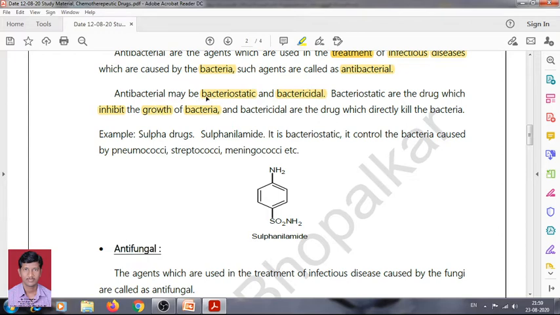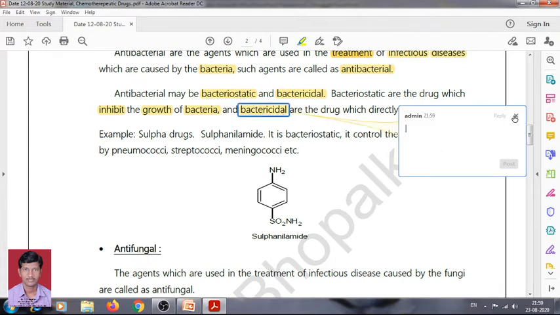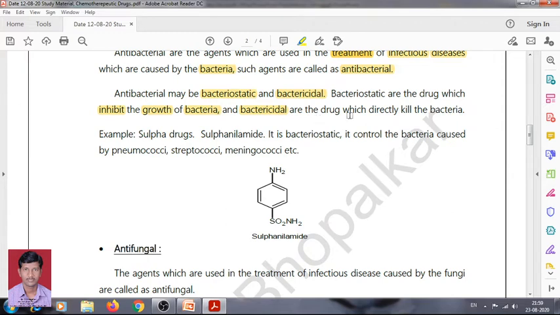Such drugs are called bacteriostatic drugs. Now, what are bactericidal? Bactericidal are the drugs which directly kill the bacteria. Such drugs are called bactericidal.